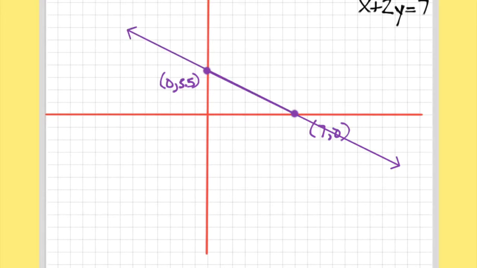Now if I had another line, 3x minus 2y equals 5, and I wanted to graph that equation, I would use a similar method. I would find my x and y intercepts. So if I plug in 0 for x, 3 times 0 is just 0. So that means y equals negative 2.5. That's my y-intercept for my second equation.